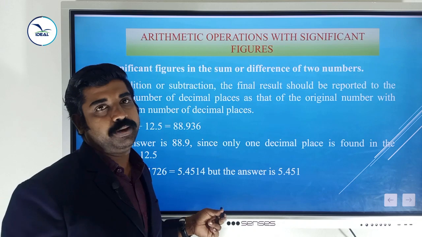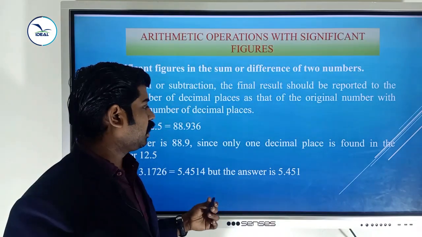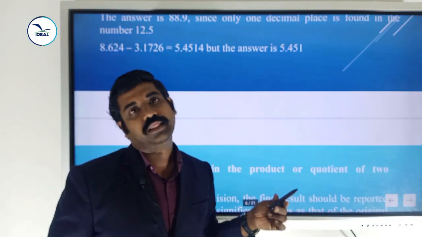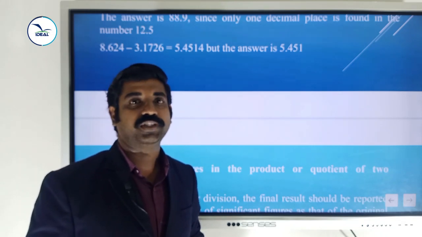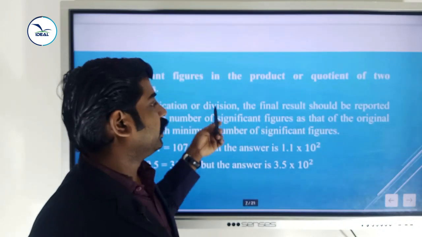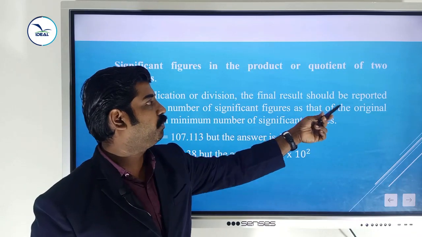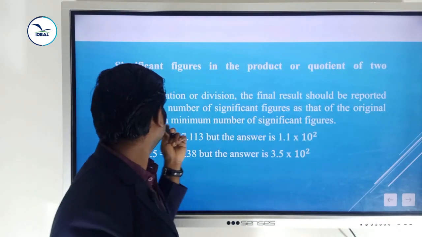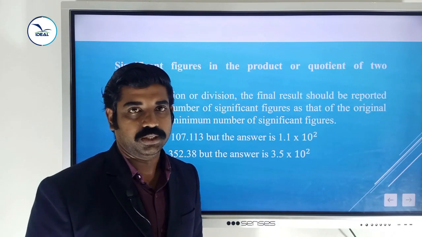And in the case of multiplication or division, we want to change the result to the least number of significant figures in the measurements. So in multiplication or division, the final result should be reported with the same number of significant figures as the original number with the minimum number of significant figures.